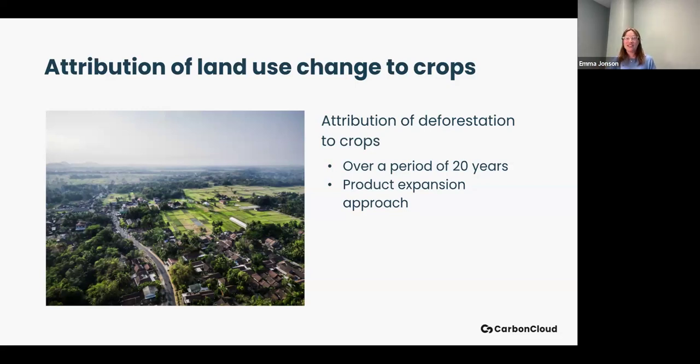CarbonCloud uses an approach called the product expansion approach, which attributes deforestation to the crops that increased its production over that same period of years. And in order to do it, we have a specific model that does this attribution.